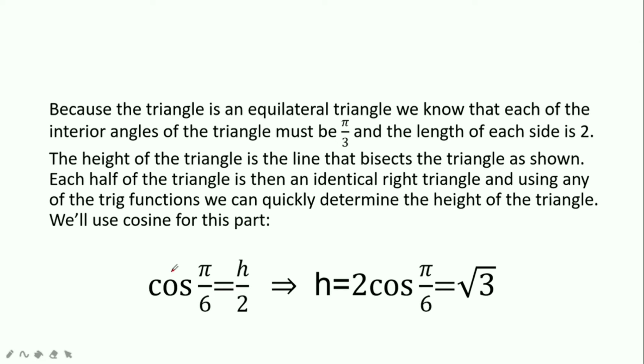The height of the triangle is the line that bisects the triangle as shown. Each half of the triangle is then an identical right triangle, and using the trigonometric functions we can quickly determine the height of the triangle. For that, we'll use cosine. The equation is cosine of pi over 6 equals h over 2, so h equals 2 cosine pi over 6, and we have the answer of square root of 3, which is the height of the triangle.